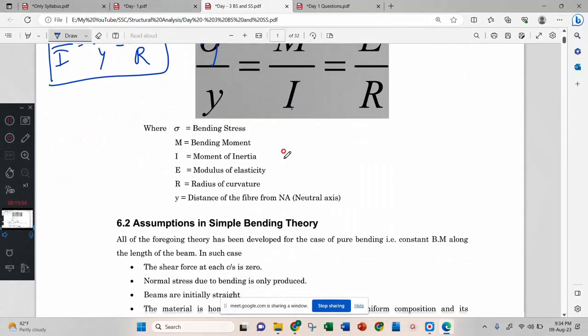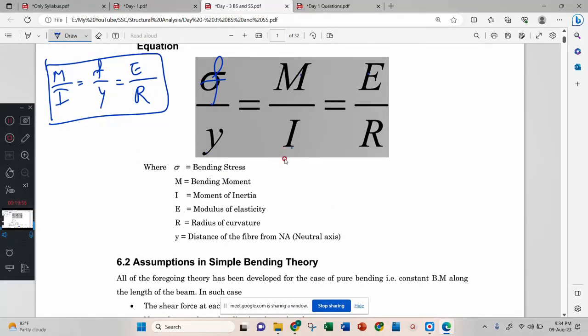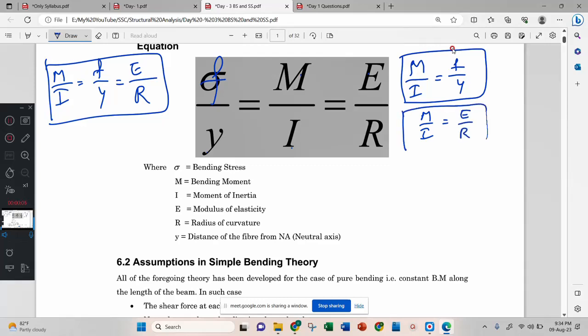This equation we have to read like this: M by I equal to F by Y is one equation, M by I equal to E by R is another equation, and F by Y equal to E by R is another equation. Like that we will have three equations and we can solve any problems.